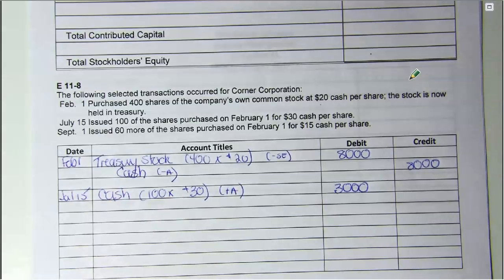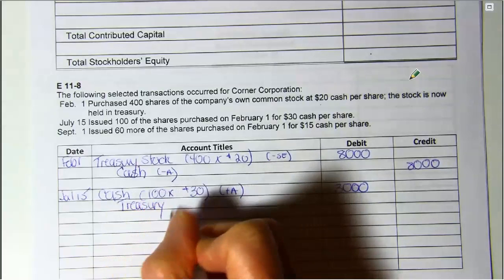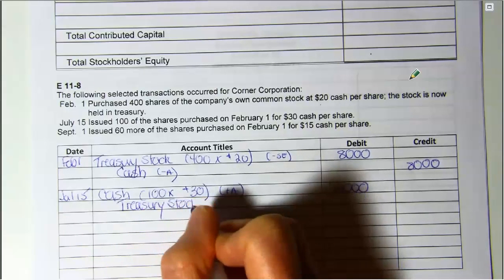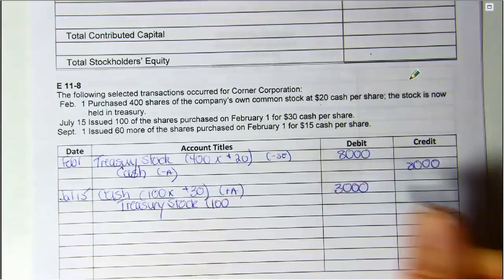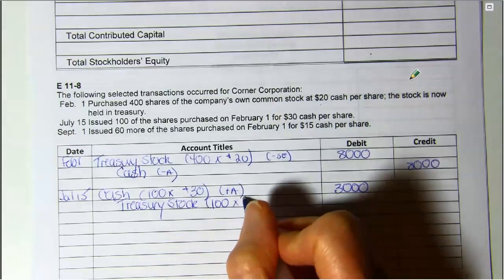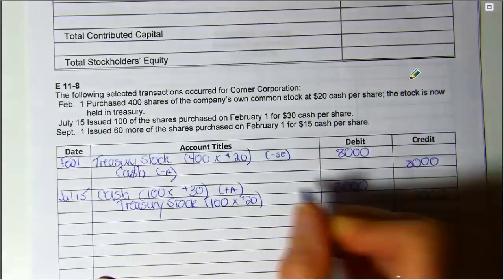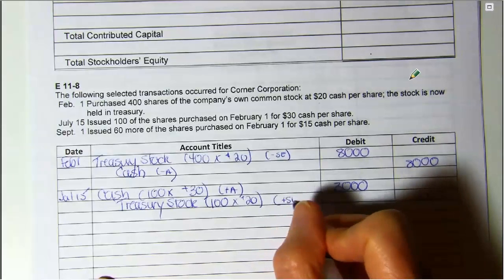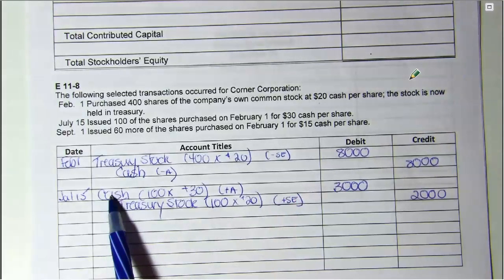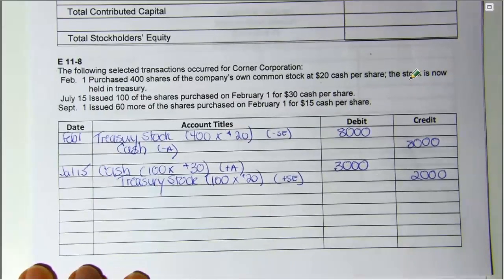What are we giving? We're giving Treasury stock. We're reselling that stock that we had bought back. And that's going to be 100 shares at what we originally paid for it, $20 a share, or $2,000. And by doing that, you're going to increase stockholders' equity because they're giving you your money and you're giving them stock. Now remember, total debits have to equal total credits, right?